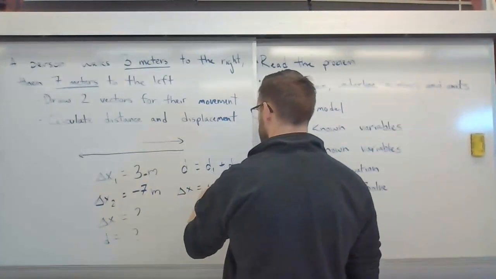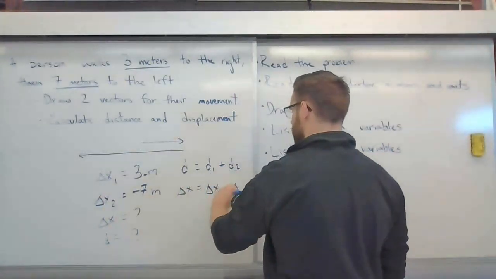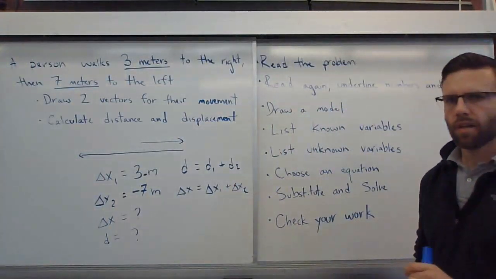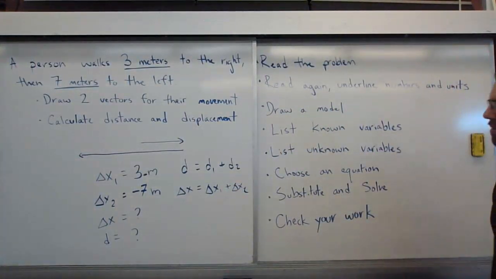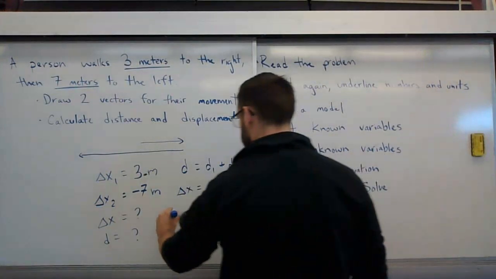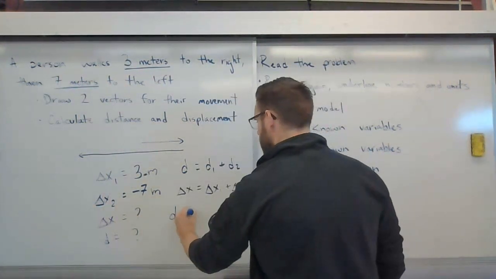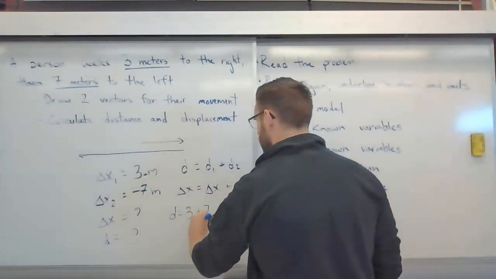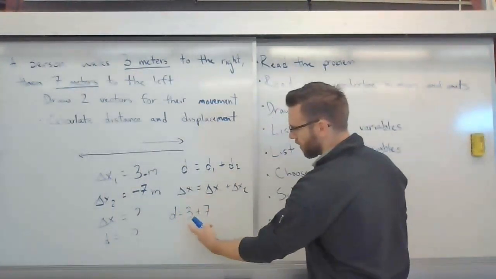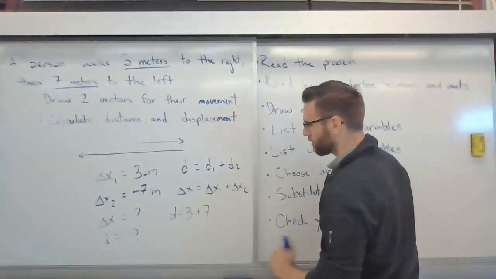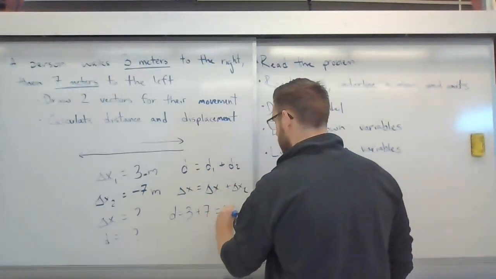It's going to be delta x1 plus delta x2, all my displacements combined. All right, so those are my equations. I'm going to substitute in my numbers. So my distance is going to be 3 plus 7. I'm just substituting in my 3 and my 7 for D1 and D2. So that's going to be 10 meters.